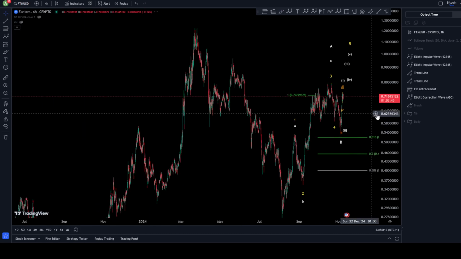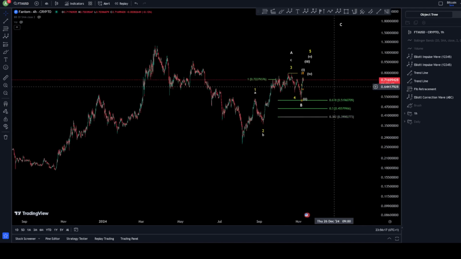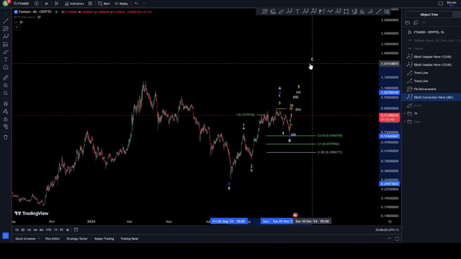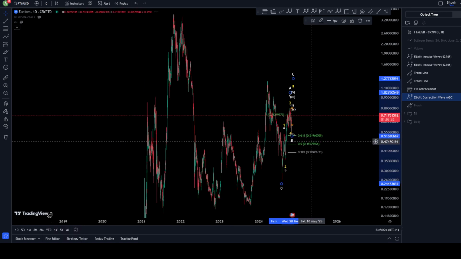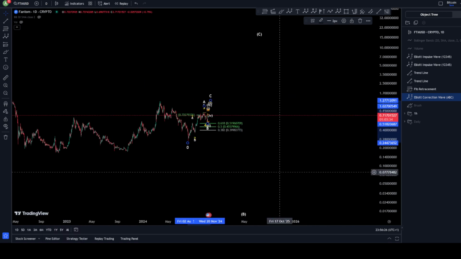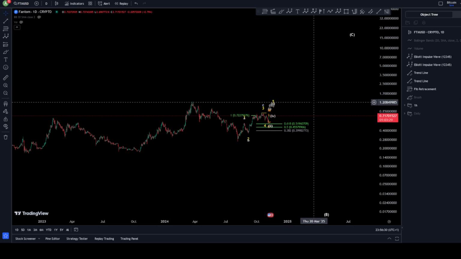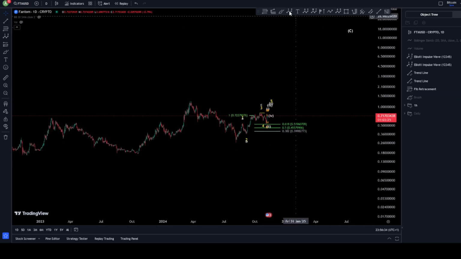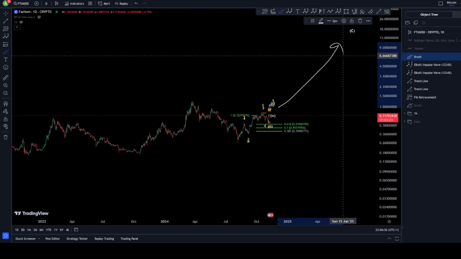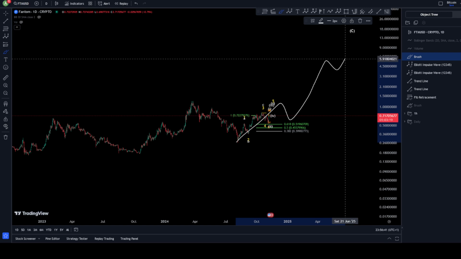Let's go back to the 4 hour. Once we finish this big 5 towards the upside, is it possible that we finish a wave C here? No, I'm going to remove this label now. This might be your wave C towards the upside. This might be your 1, 2, 3, 4, 5.